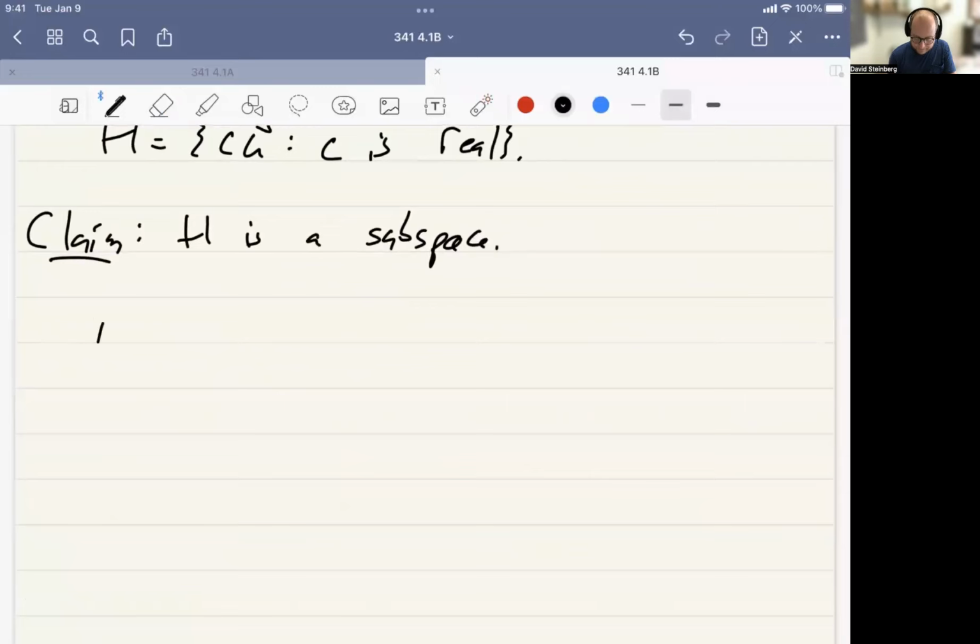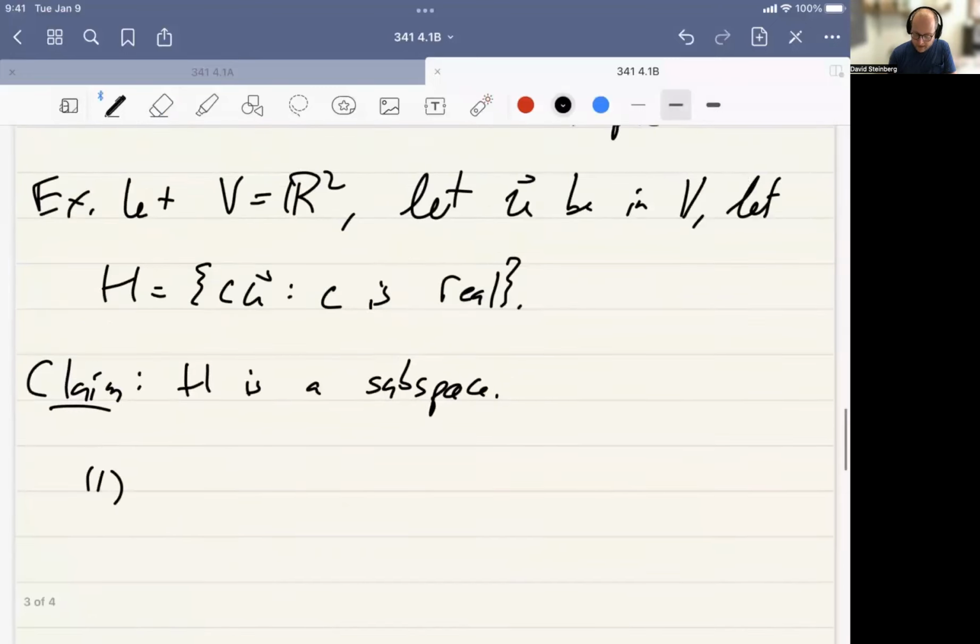So 1. We know 0 times U is equal to the 0 vector.